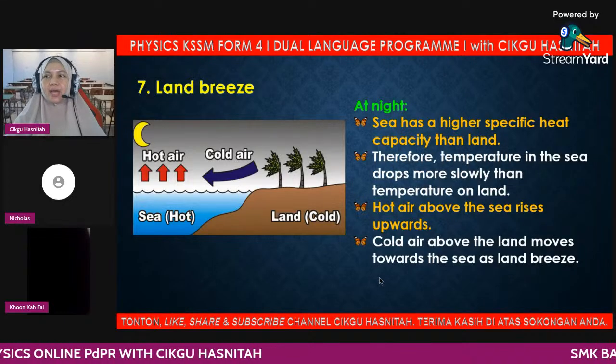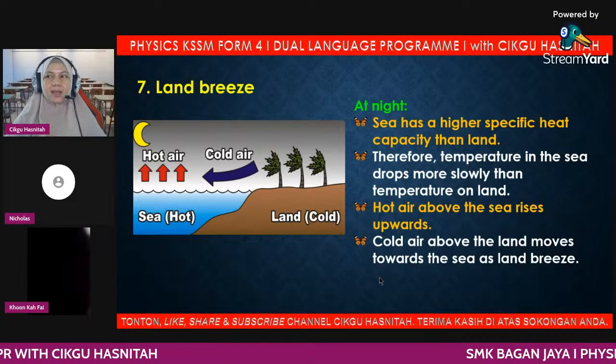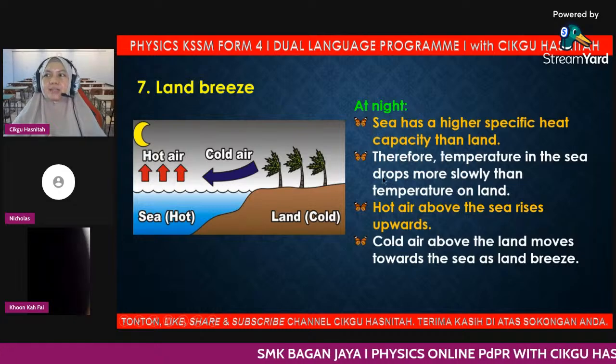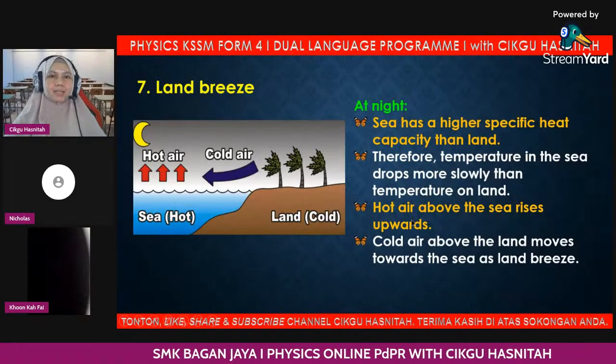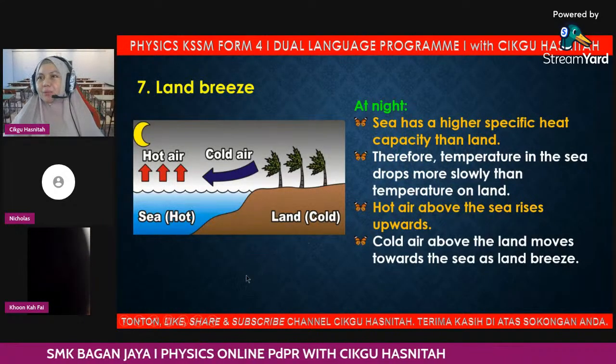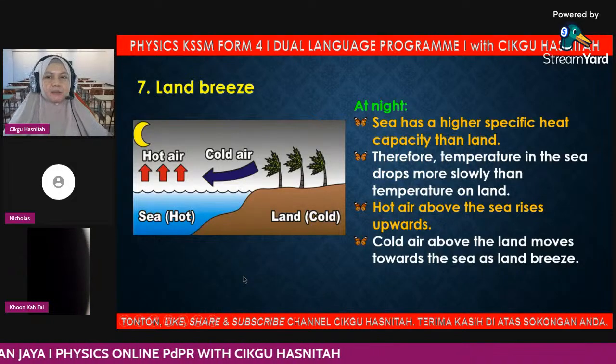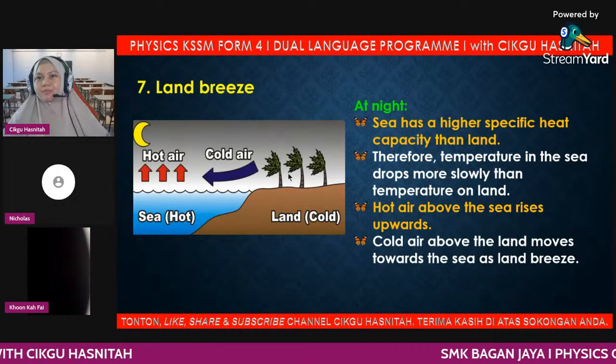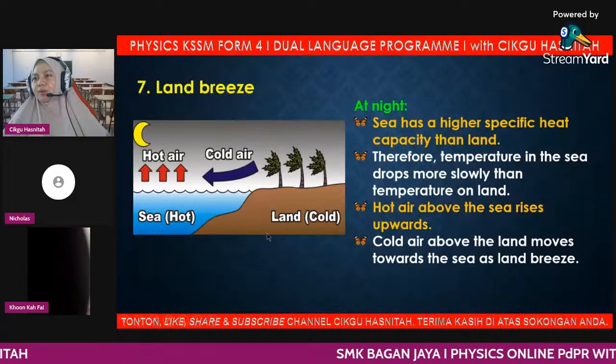Okay, if they ask you to explain, it will be a 4-mark explanation, so each point secures you 1 mark. Okay, are you clear with this land breeze and sea breeze? Okay, so I hope you're okay with them.